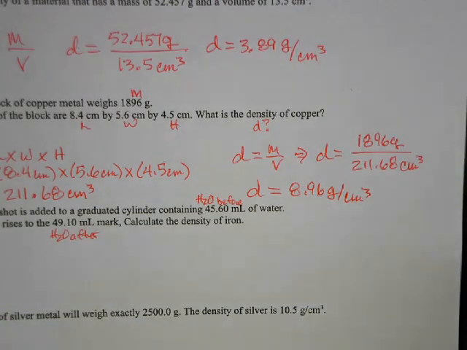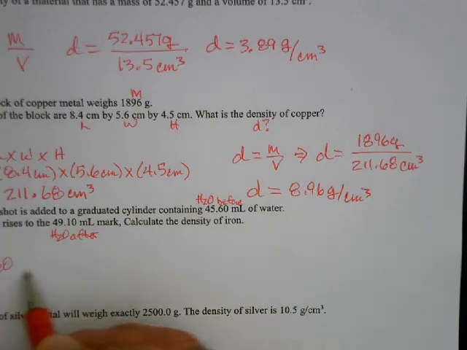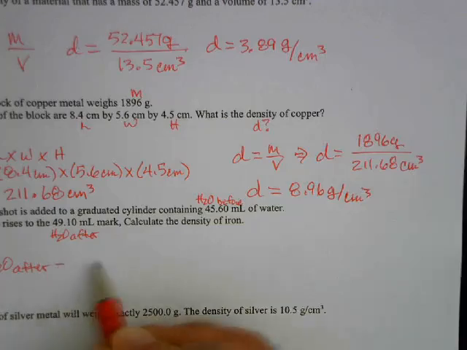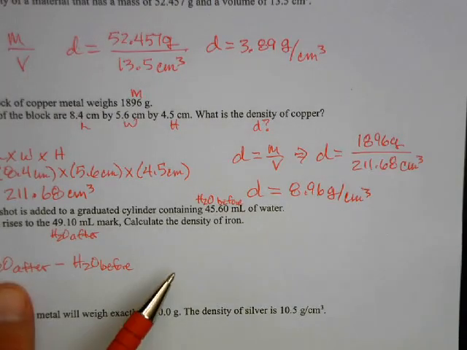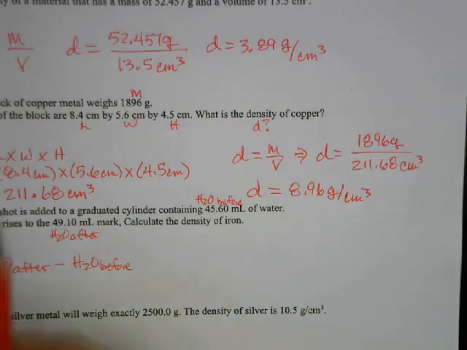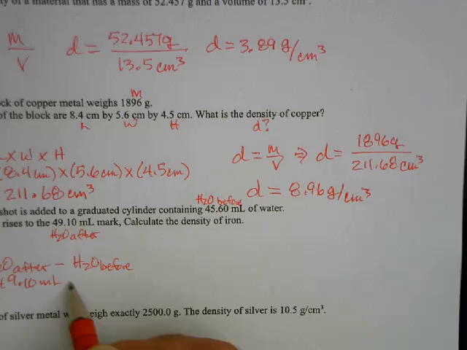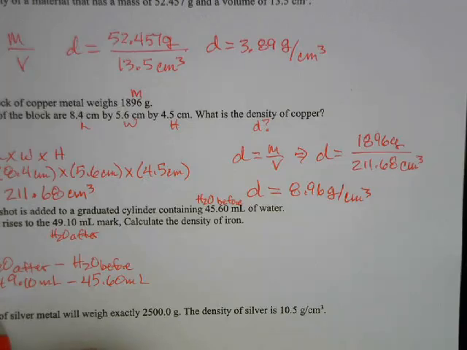And while it's not on the sheet, I remember from my lab that the volume is simply going to be the H2O after subtract the H2O before. In other words, to get a positive number, because it went up after I put in, in this case, the iron. So plug my numbers in. Let's see, 49.1 milliliter, subtract 45.6 milliliter, and it comes out 3.5 milliliter.